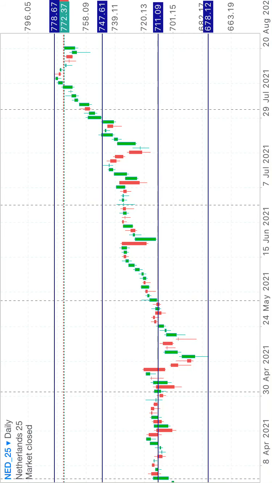772.37. And remember, when the market is on an uptrend, the market will always break the previous swing high. When the market is on a downtrend, it will always break the previous swing low, unless there will be a trend reversal.